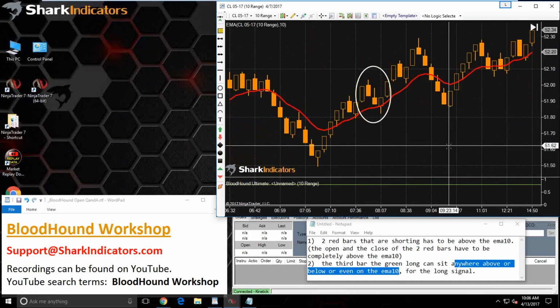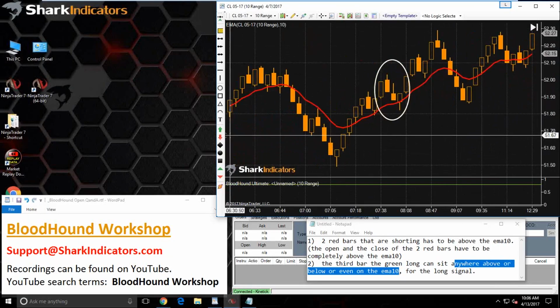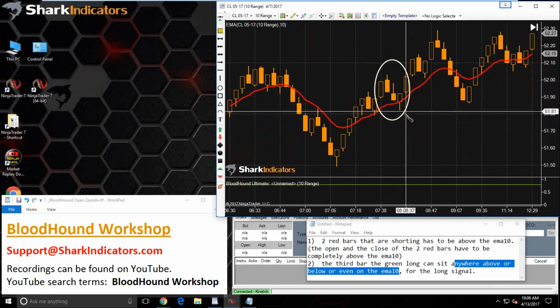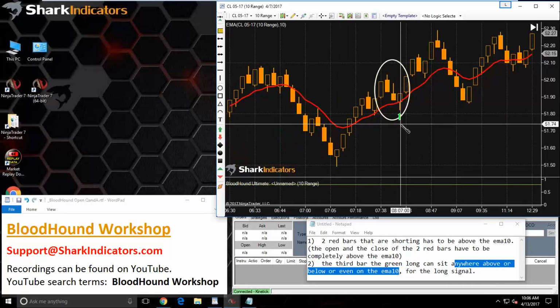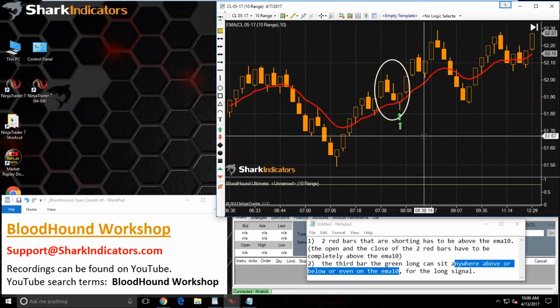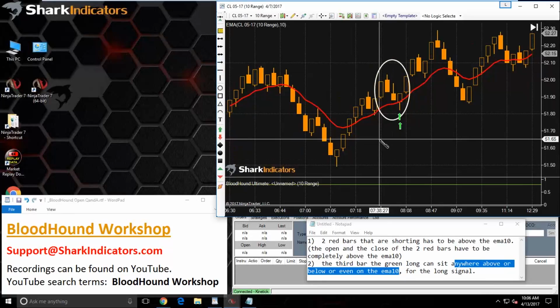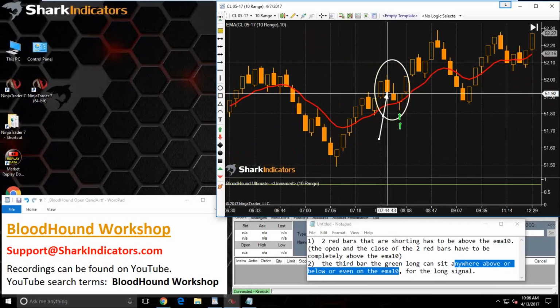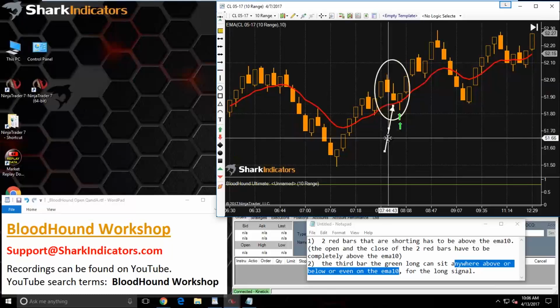Let's say we have another example here. There's our reversal bar where the signal is wanted. Again, the key is that the 2 down bars have to be above that red EMA 10.